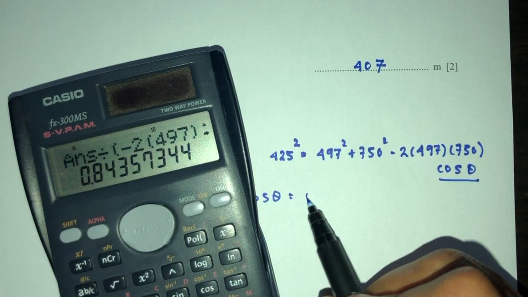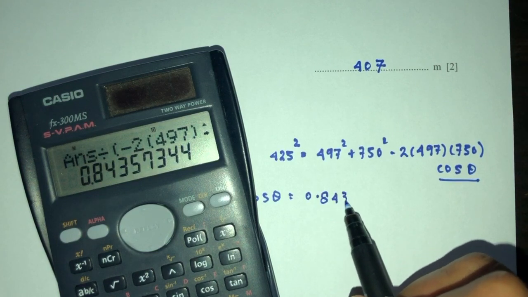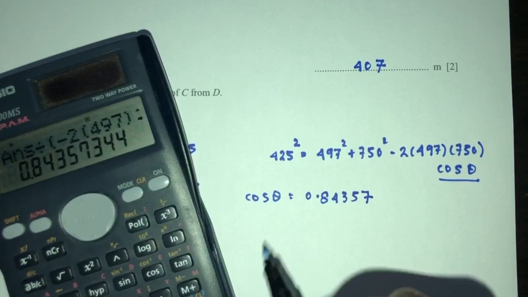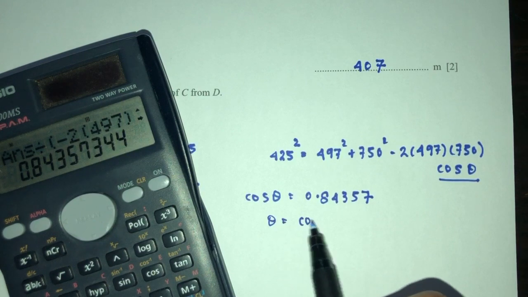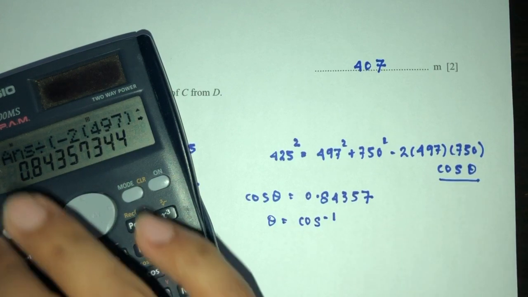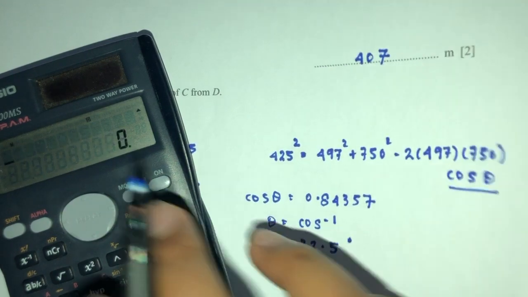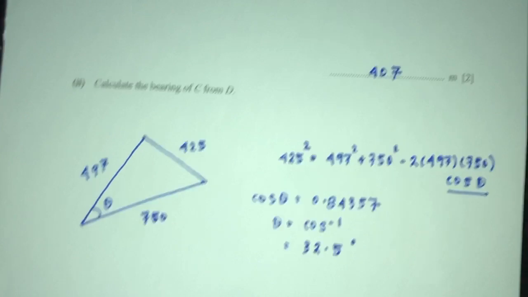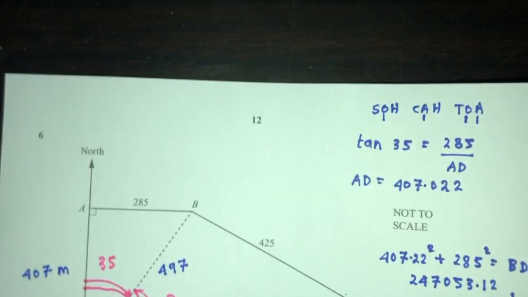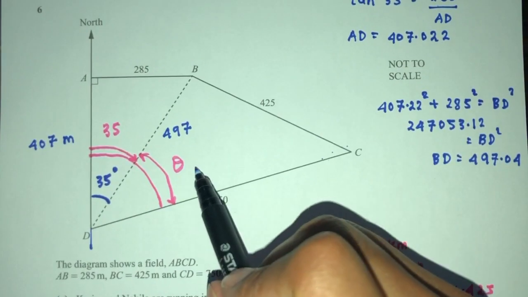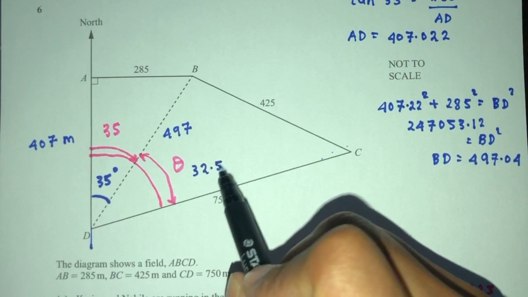That will be 0.84357. Theta is cos inverse of that value, so cos inverse, that will be 32.5 degrees correct to 1 decimal place. Now finally, after placing this angle back right here, so 32.5, right?